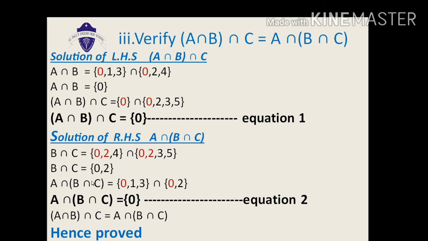The solution of this statement I have already explained in the previous slide. So the final answer of this statement is {0}, that I am representing by equation number 2. Now if you compare both the equations, their answers are the same. It means that left hand side is equal to right hand side, hence proved.